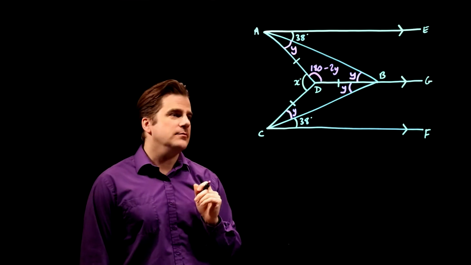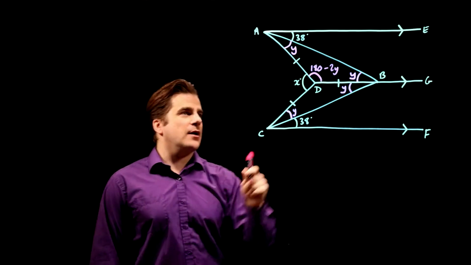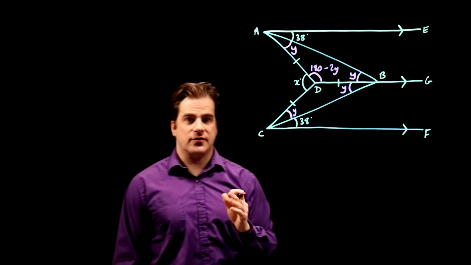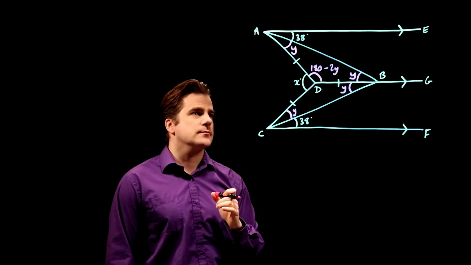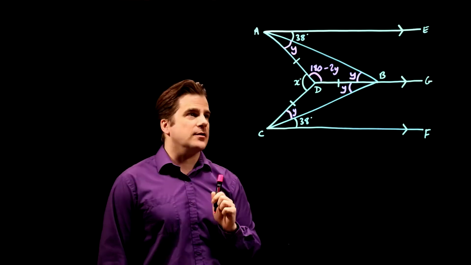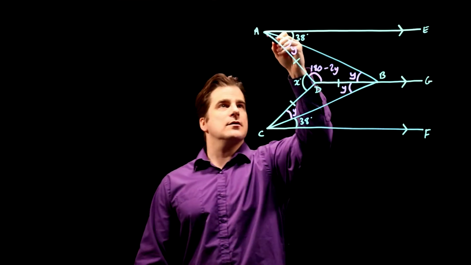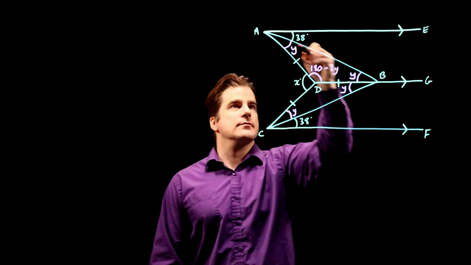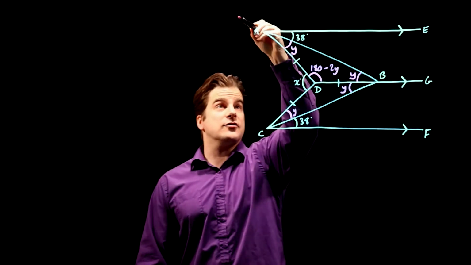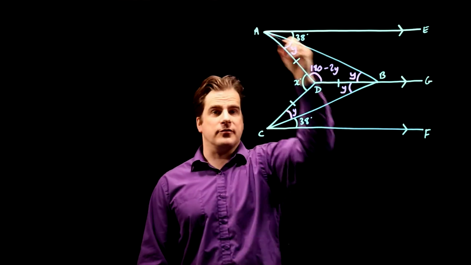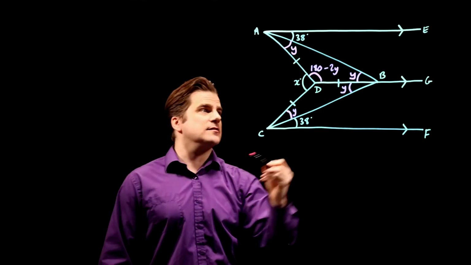Okay, it's going okay. Now, these three lines are parallel. Can we use that somehow? Well, we can. Look at this line here. We have a parallel line, and a straight line intersecting both of them, which means we can use Z angles.